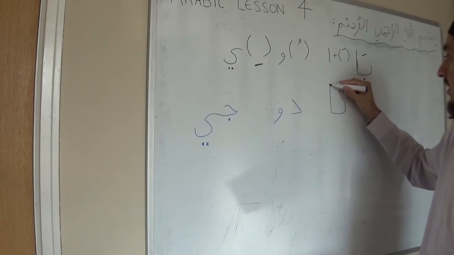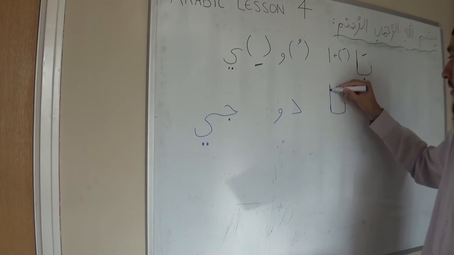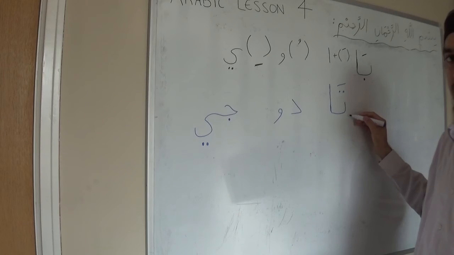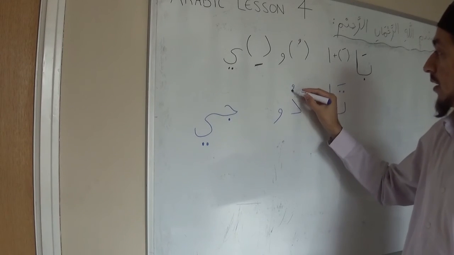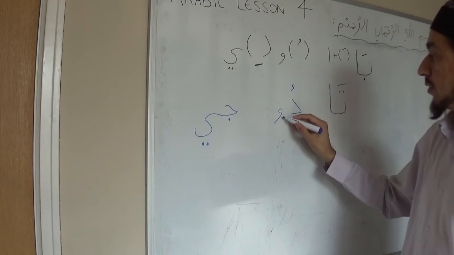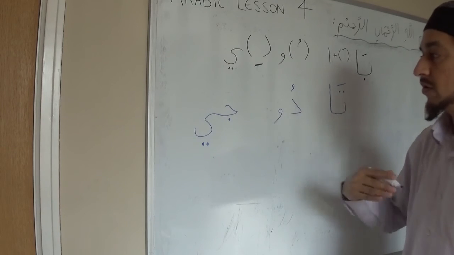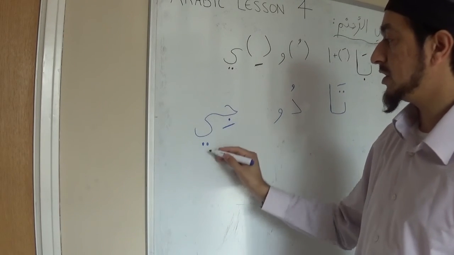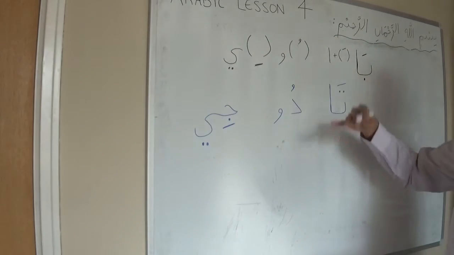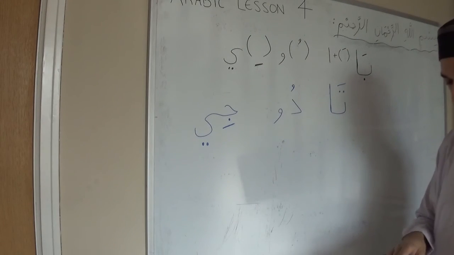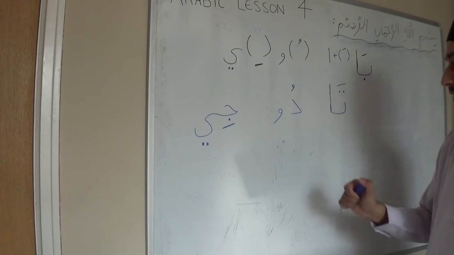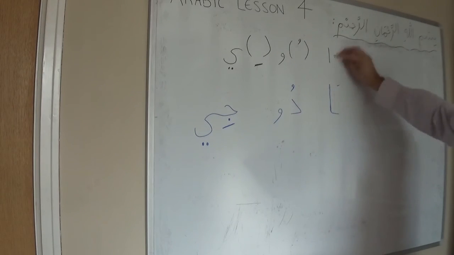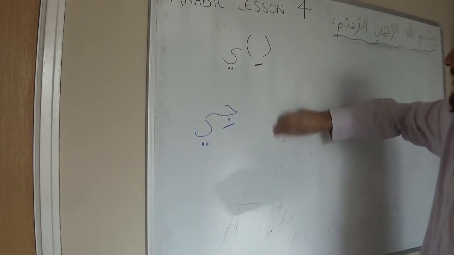Here's the alif, it's a vowel, and we put a fatha before it, that becomes ta. A dhamma before the waw, du, it's made even longer, and a kasra before the ya, ji. So these are those that make it even longer. So we understood the vowels. Right, so finally let's go on to the za and finish off today's lesson.